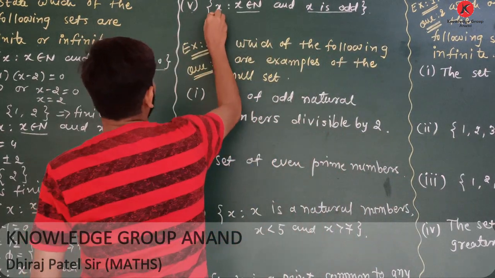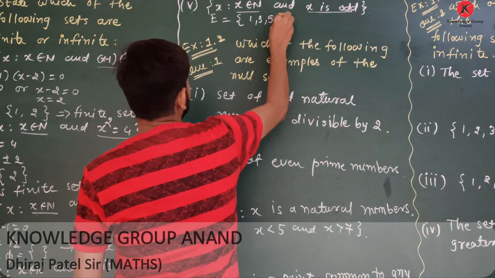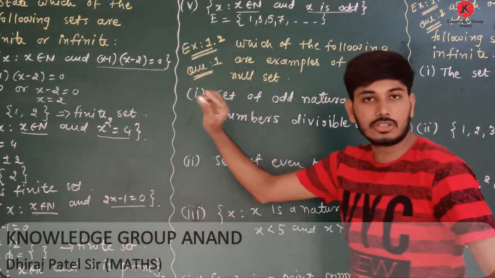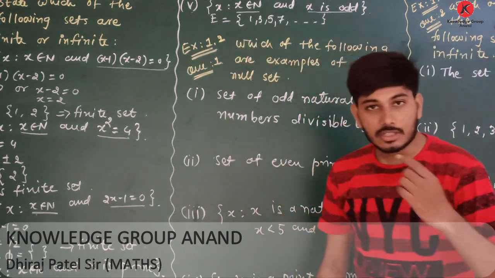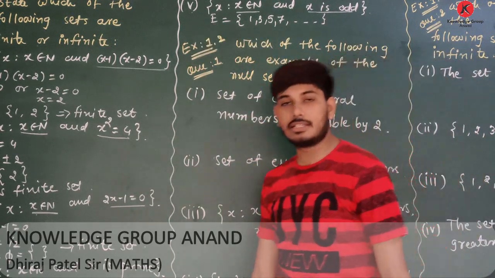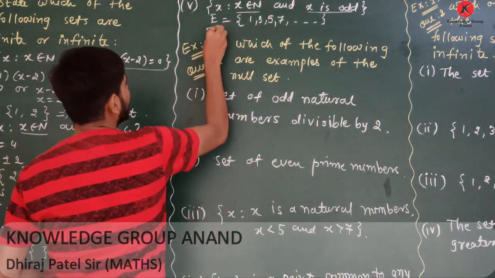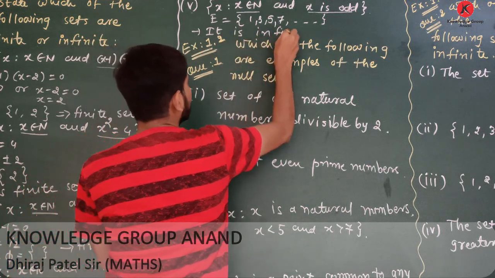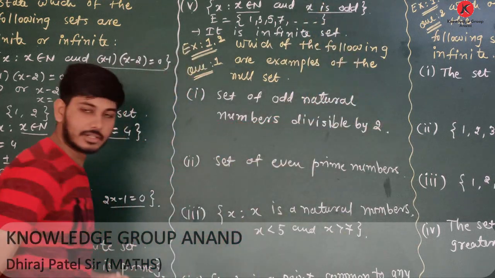Therefore, there are many odd natural numbers like 1, 3, 5, 7, 9, 11, 13, 15, 17 up to infinity. The number of elements of this set E is uncountable. Therefore, it is an infinite set. Is it clear? This is an infinite set.